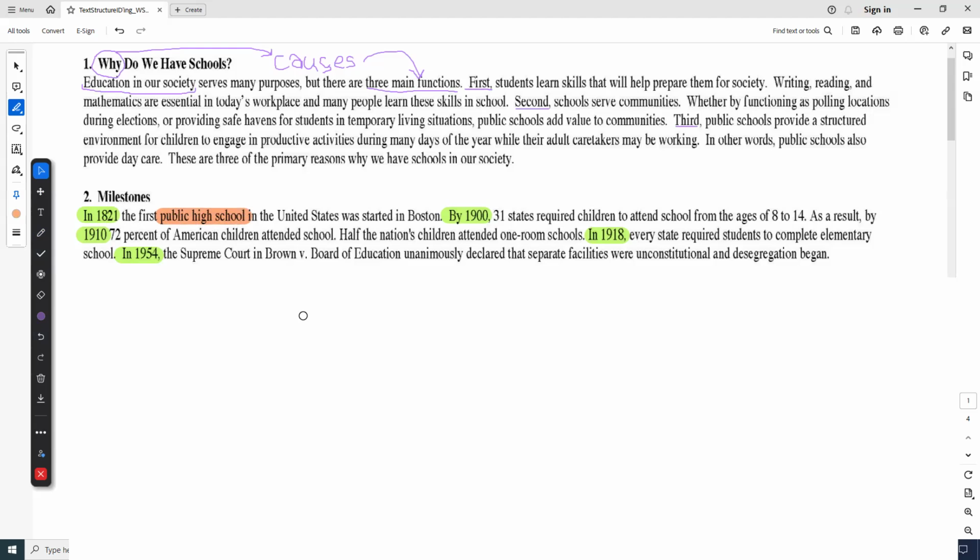But then by 1900, you at least had to go to school till 14. So kind of getting into middle school. And about a decade later, we've got a pretty good chunk of kids in school in these one-room schools. And then by the end of World War I, there was now a requirement.